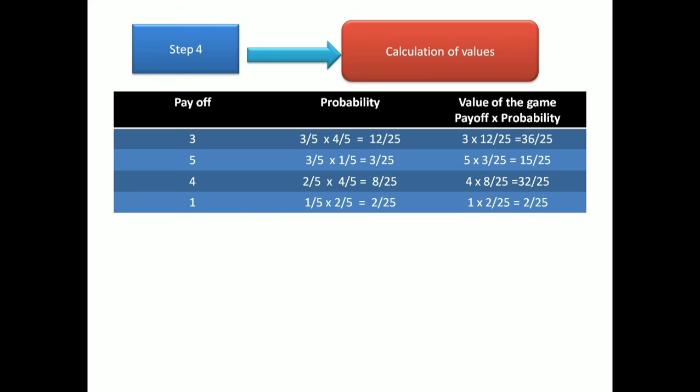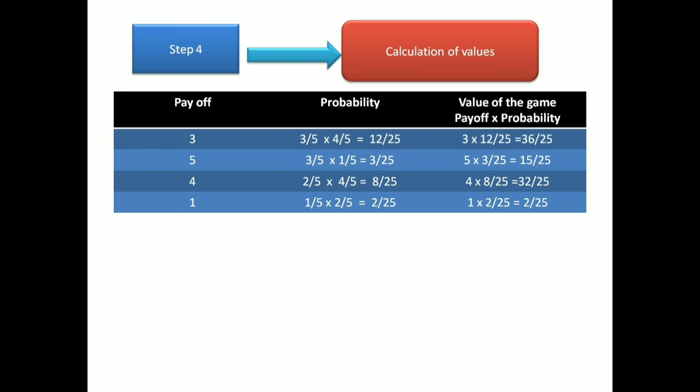The product is 8 by 25. 4 into 8 by 25 is equal to 32 by 25. Then you take the last value 1, the probability is 1 by 5 into 2 by 5, that is equal to 2 by 25. 1 into 2 by 25 is equal to 2 by 25.